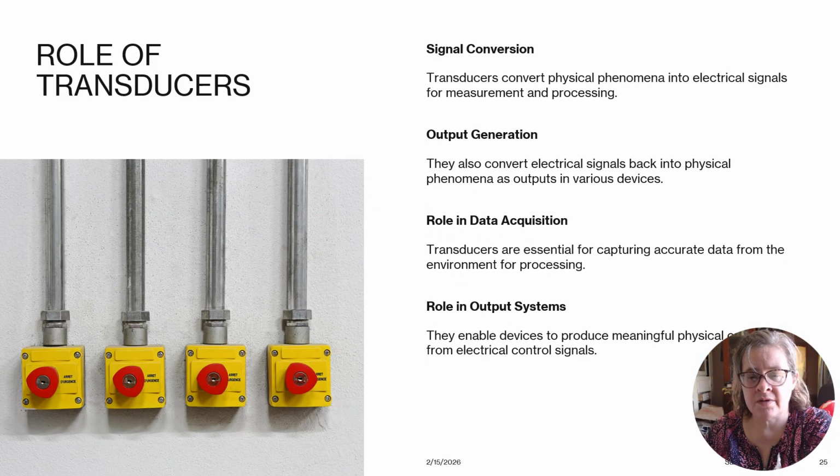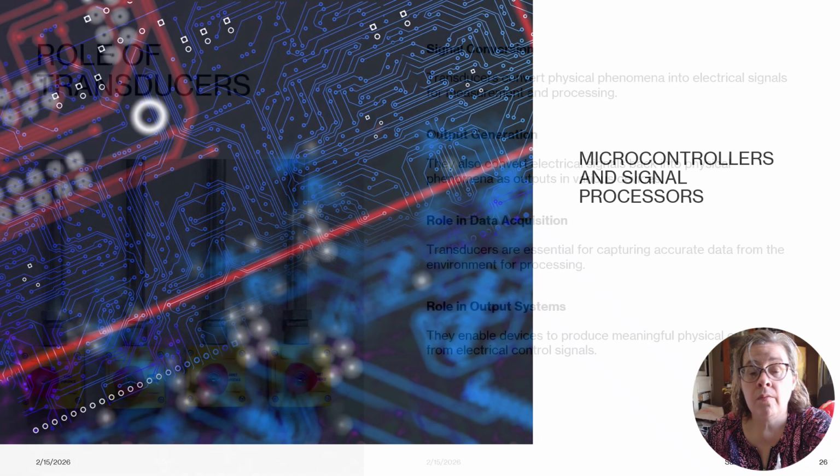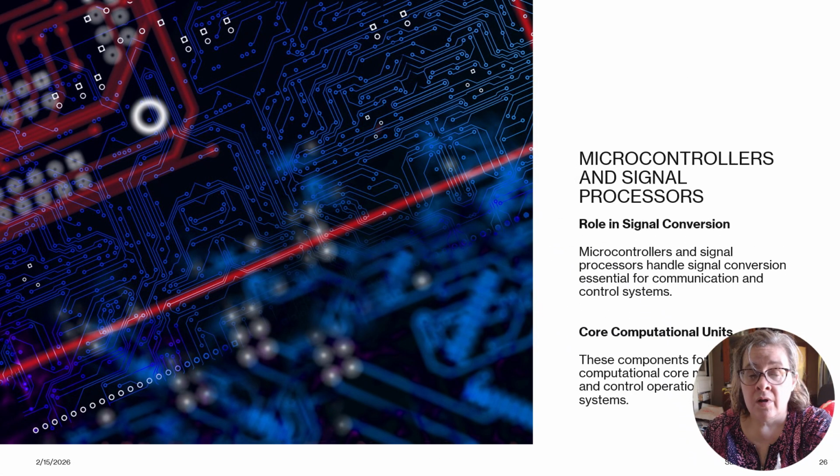Transducers convert physical phenomena into electrical signals or vice versa, playing a critical role in data acquisition and output. These components manage signal conversion, processing, and control, forming the computational core of many conversion systems.